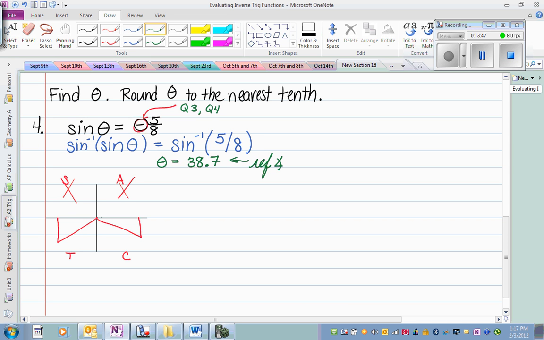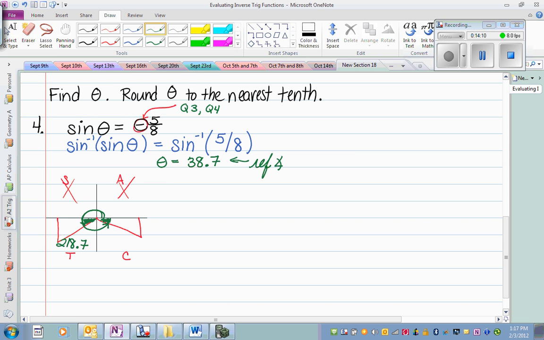38.7 degrees past 180. So 180 plus 38.7 is 218.7. And 38.7 degrees short of 360.